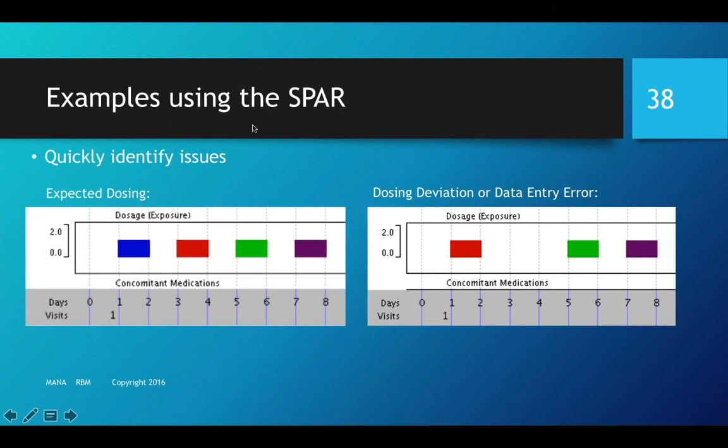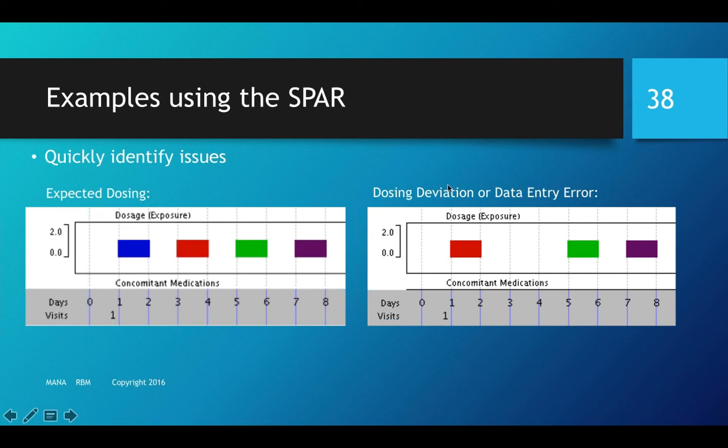The findings that I'm about to review may not be as evident when you're reviewing data one visit at a time. So this first example, the one on the left, shows the expected dosing for the trial, day 1, 3, 5, and 7.